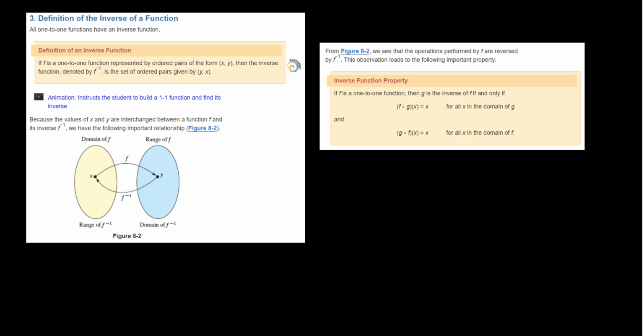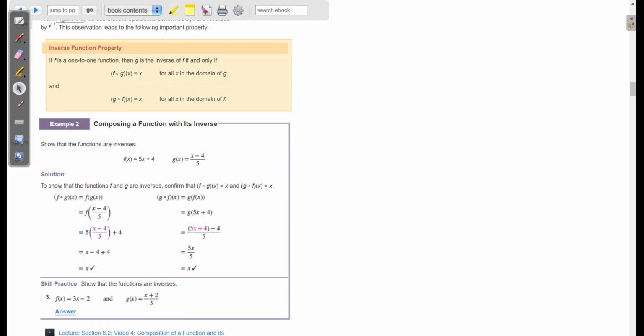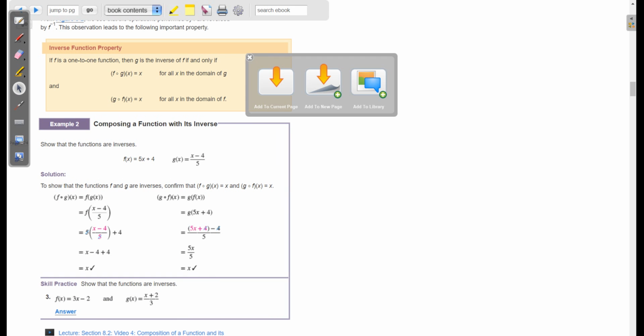If we take the composite f of g of x and we get x, and if we take the composite g of f of x and we get x, then those two functions are indeed inverses of one another. Now I'll admit this is my least favorite way to go about finding if functions are inverses or not, and we'll definitely go over my favorite way in a moment.